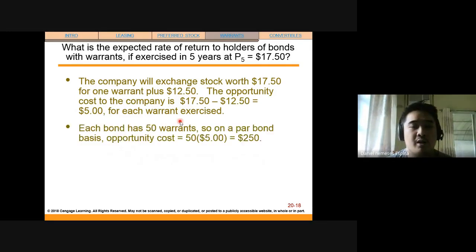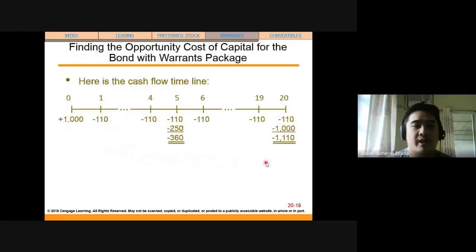So if the bond has 50 warrants, and the opportunity cost of each warrant is $5, then you have a total opportunity cost of $250. So finding the opportunity cost of capital for the bond with warrants package.